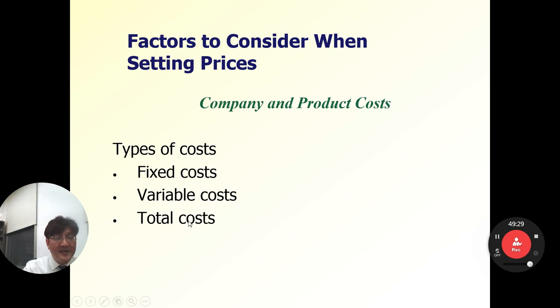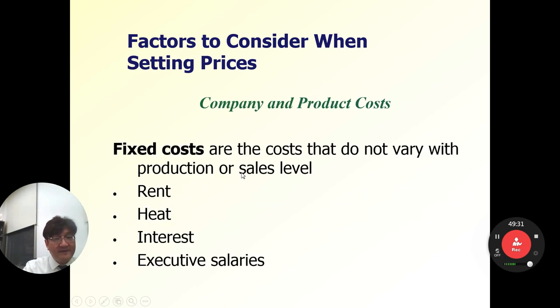So what is the fixed cost? Fixed costs are the costs that do not vary with production or sales level, which means that it doesn't matter how many units of the product you make. The fixed cost is fixed. Even if you make 100 units, or 1,000 units, fixed cost does not vary.